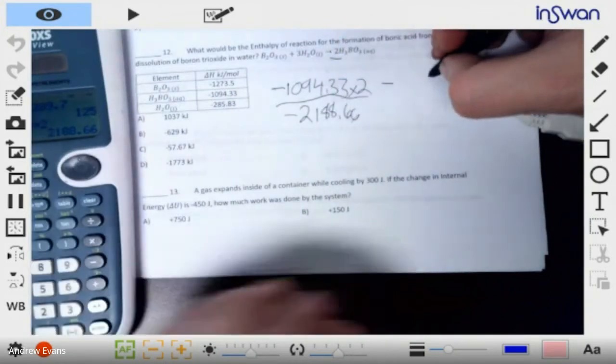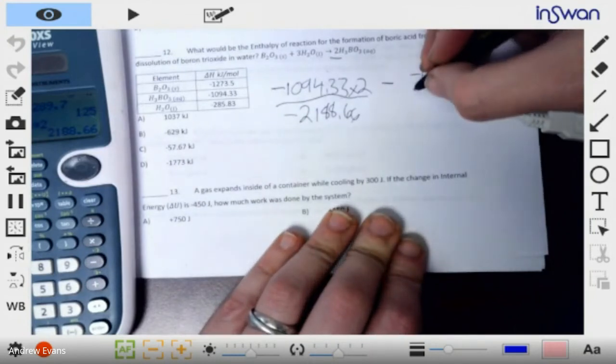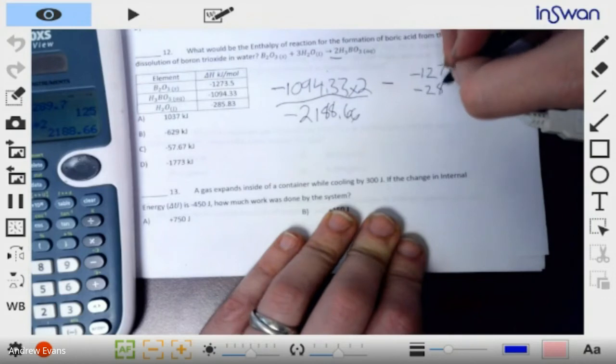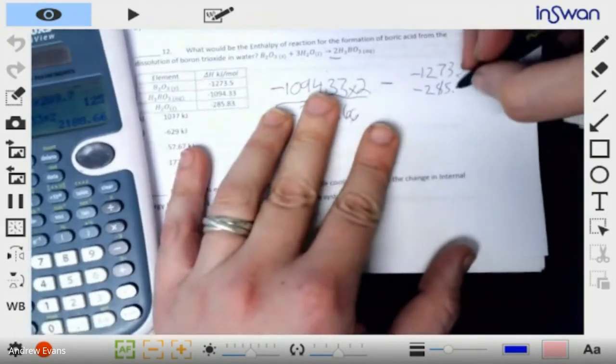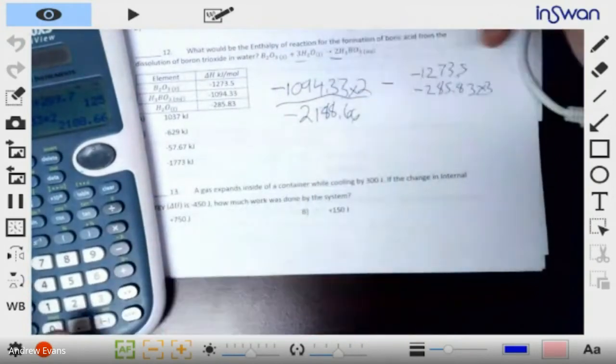And then we have negative 1273.5 and negative 285.83 times 3 because there's 3 waters.